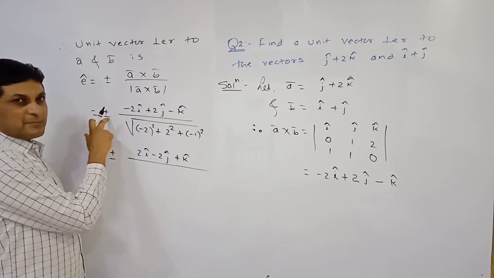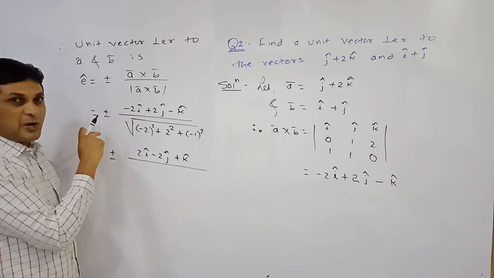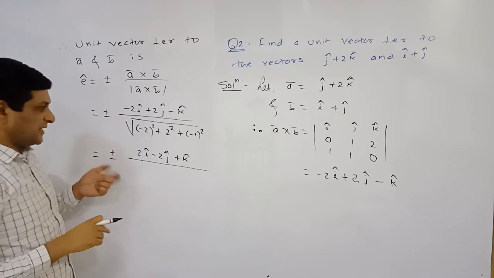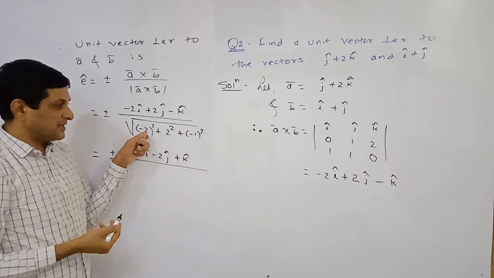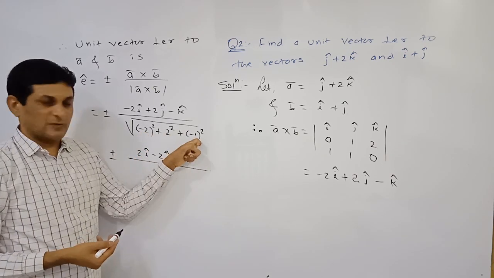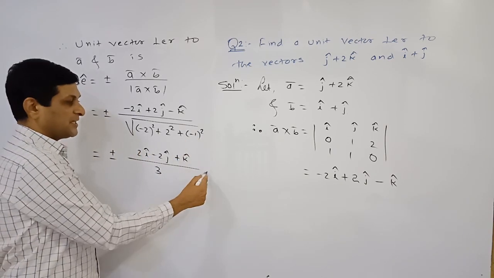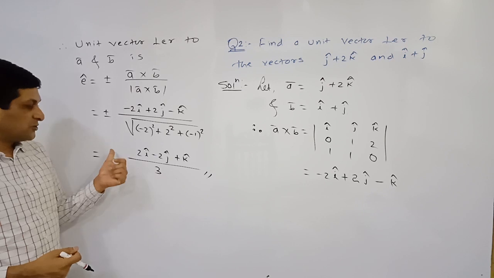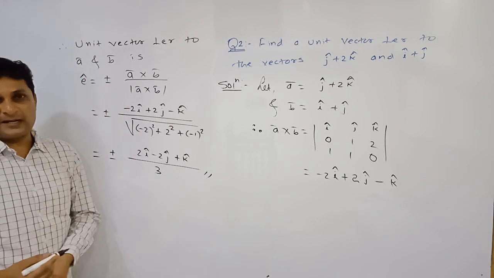If we multiply by minus, we get minus upon plus. Minus upon plus can also be written as plus upon minus. And in the denominator, we get 4 plus 4 plus 1, which is 9, and the square root of 9 is 3. In this way, we have got two unit vectors perpendicular to A bar and B bar.